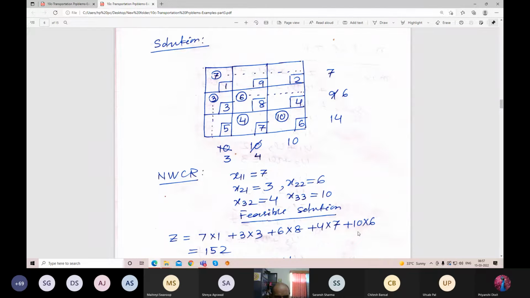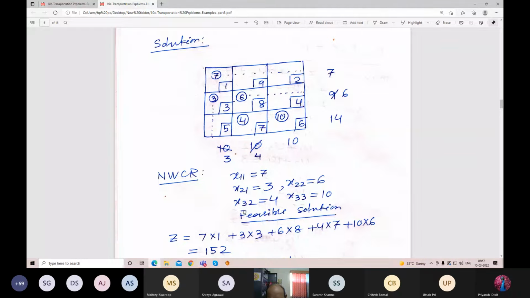So why is it so? We have 3 sources, 3 destinations, 3 plus 3, 6 minus 1, this is 5. So we have 5 non-zero values. What is the solution we have got? X11 equal to 7, X21 equal to 3, X22 equal to 6, X32 equal to 4, X33 equal to 10.